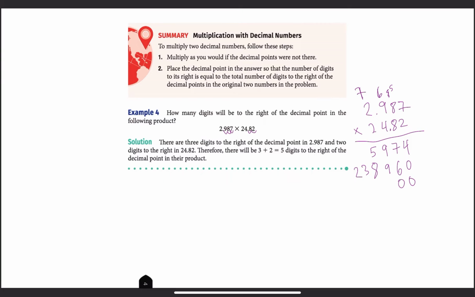All right, and now I'm over 2 places, so 4 times 7 is 28. 4 times 8 is 32, and 2 is 34. 4 times 9 is 36, and 3 is 39. 4 times 2 is 8, and 3 is 11.